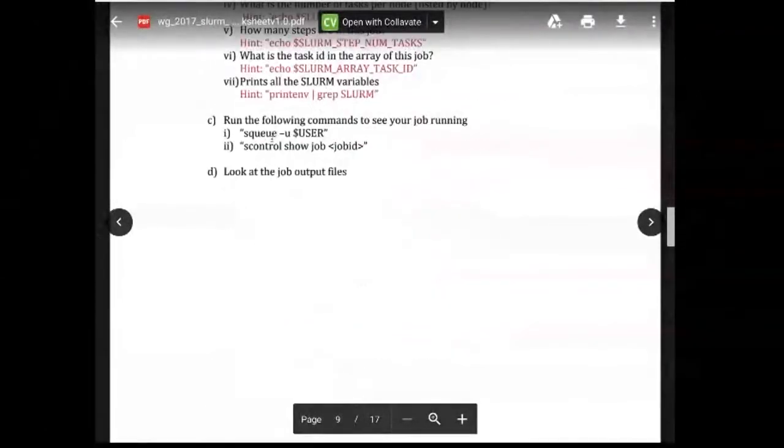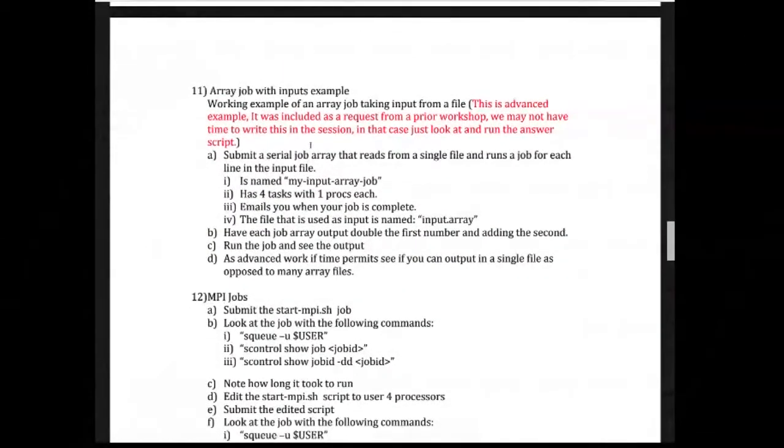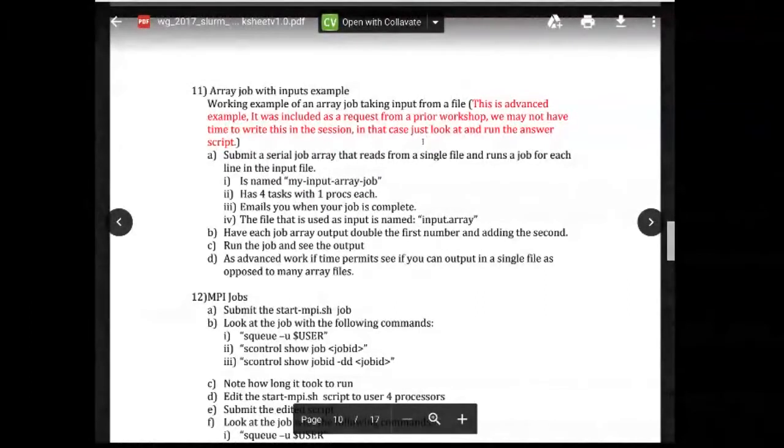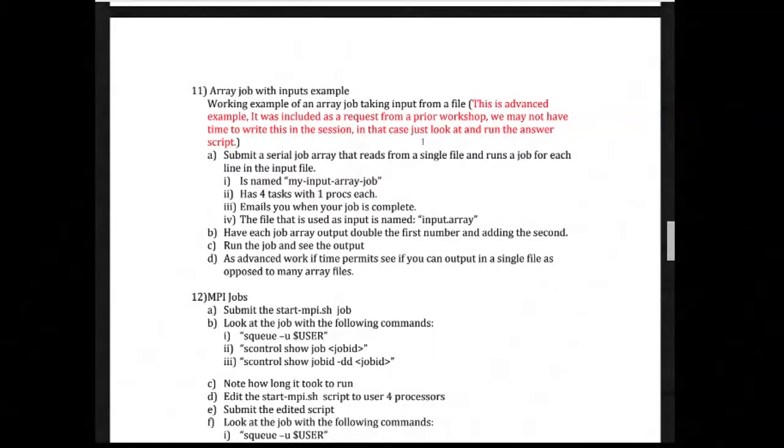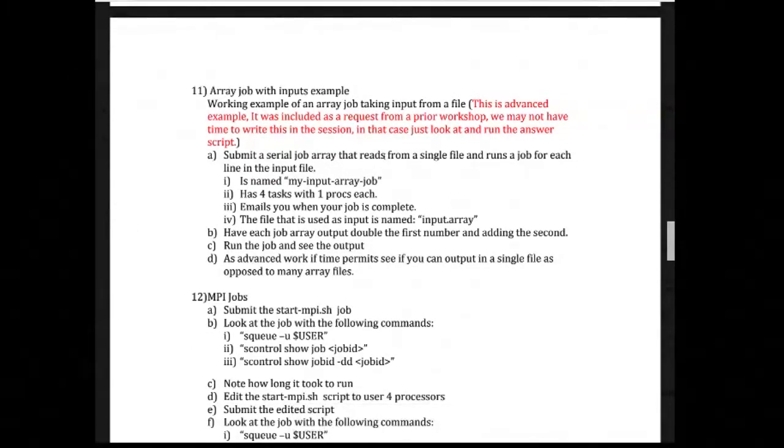So now we're going to go into a fun example. This requires you to understand scripting, but this is how you actually use these job arrays. So we're going to want to create a job array that reads from a single file and runs a job for each line of the input.